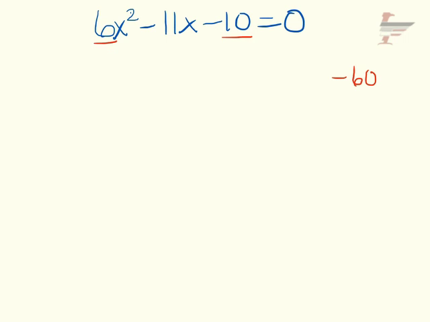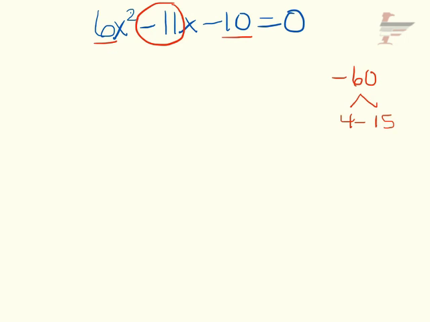And then I want two numbers that multiply to negative 60 that are going to add to negative 11. So 60 would be 6 and 10, 5 and 12, 4 and 15, and I'll stop there because I can already see that 4 and 15 will work. If I did 4 minus 15, that would give me negative 11.